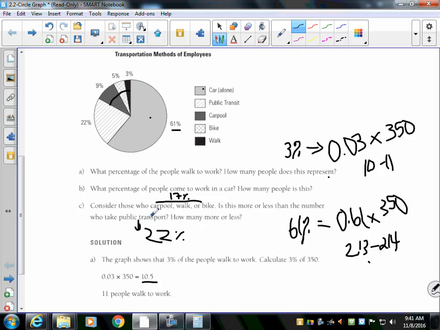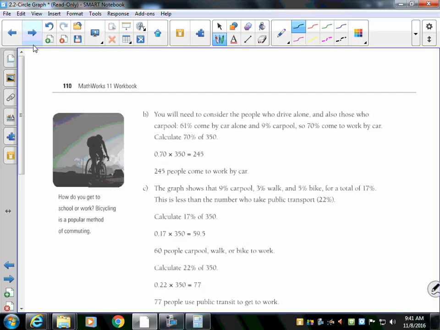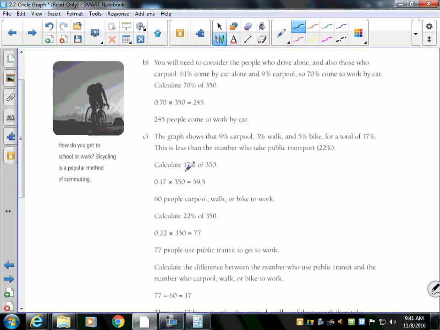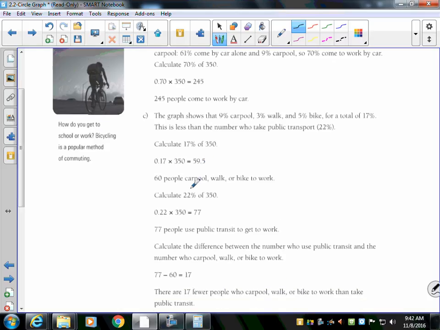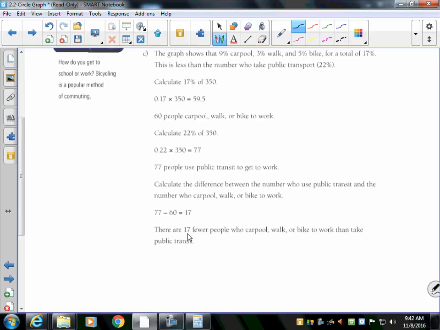We can figure out how many people at 22%, how many people at 17%, and then subtract them. So here we calculated 60 people carpool, bike, or walk. 22% gives me 77, so there's 17 people.